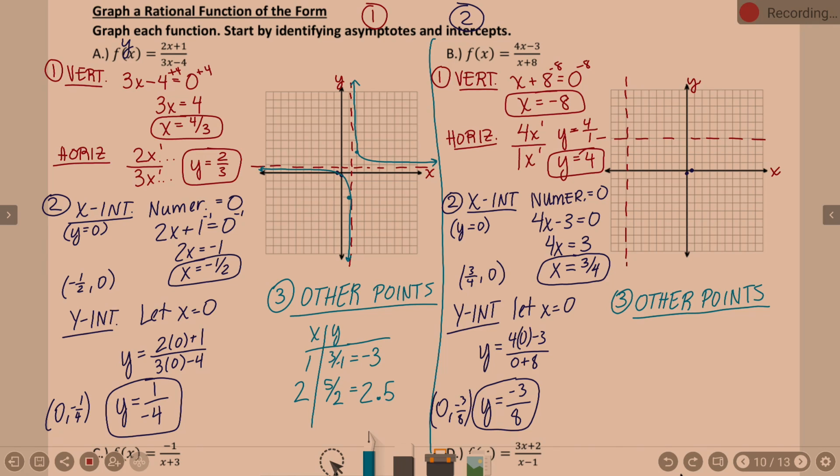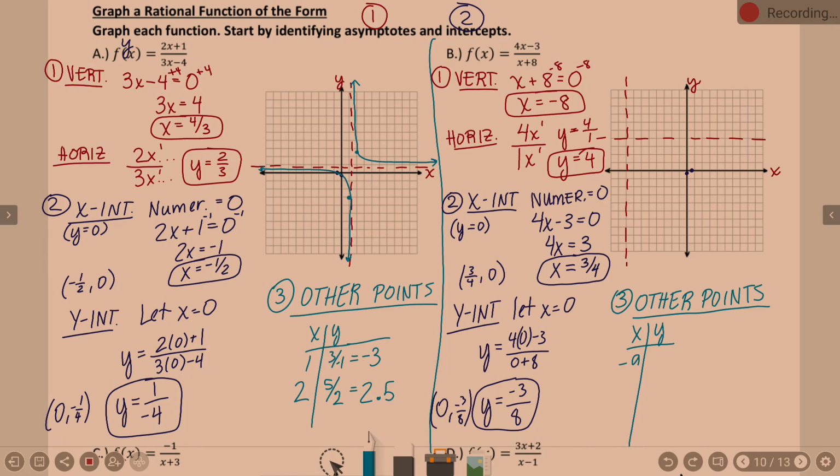This asymptote is at -8, isn't it? Okay, an easy thing to do would be something to the left of the asymptote, and then if we want more confirmation here, something to the right. So if this asymptote is -8, what numbers are directly on either side of -8? -9 and -7, yes? So those would be my suggestions of points to try.